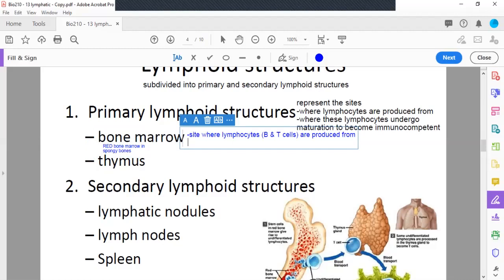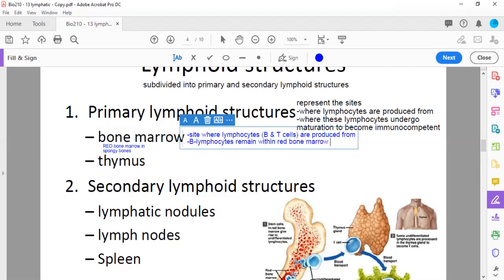The B lymphocytes remain within the bone marrow to undergo maturation, to become immunocompetent, while the T lymphocytes migrate into the thymus to undergo maturation to become immunocompetent.